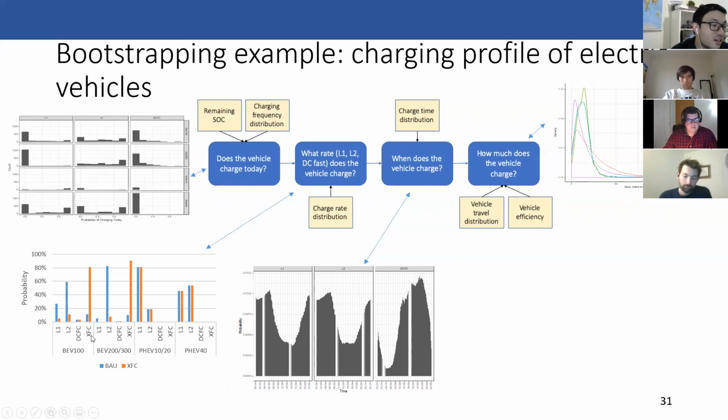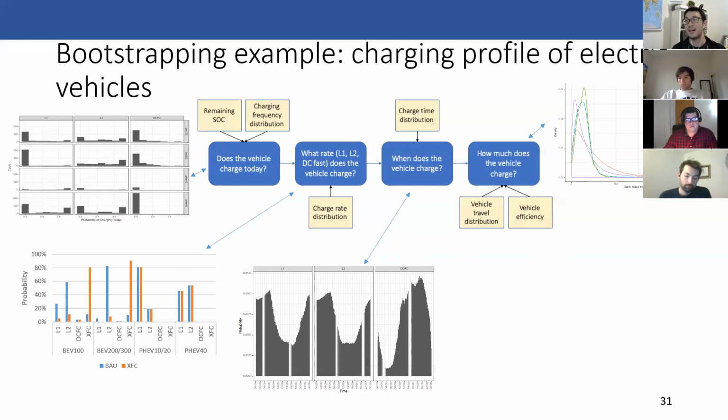At what rate do they charge? If you have a different type of electric vehicle, you have a different probability of charging at these different charging rates. What time of the day you're charging depends on the type of charger that you're using, and so on and so forth. And so I can do this technique where I've set up distributions, or I'm bootstrapping from existing distributions.